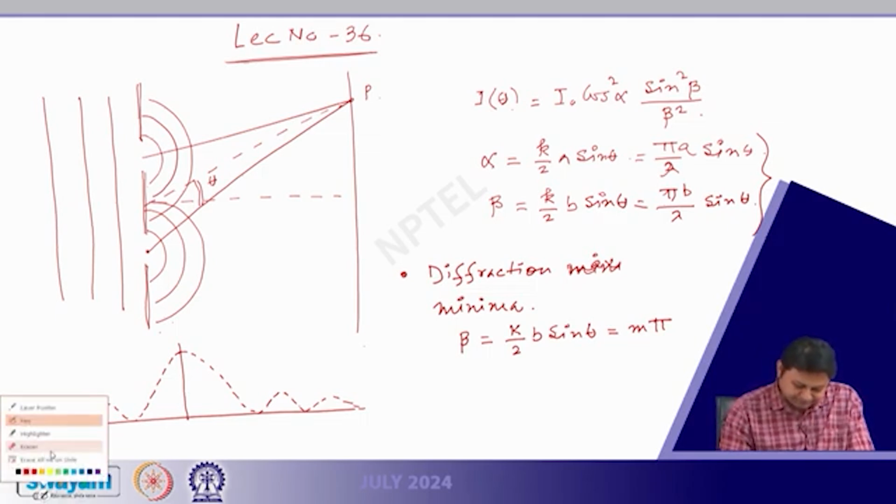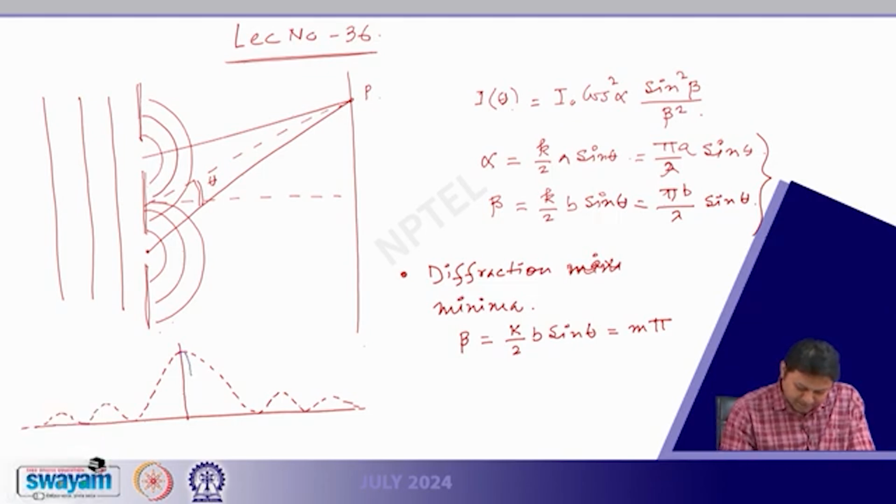Inside that we have the cos distribution, which is the interference distribution.